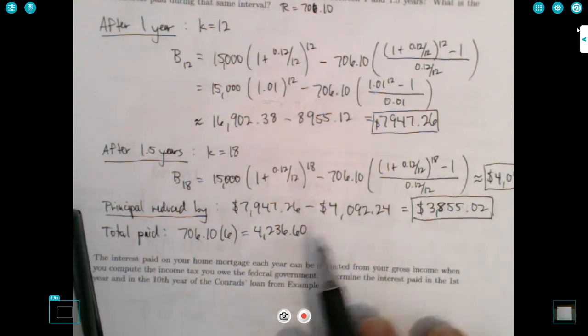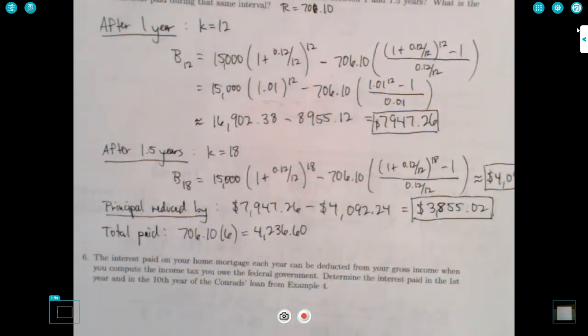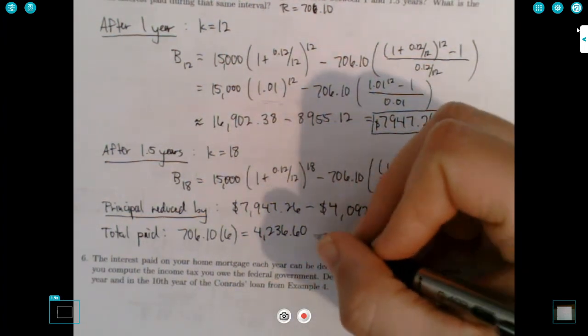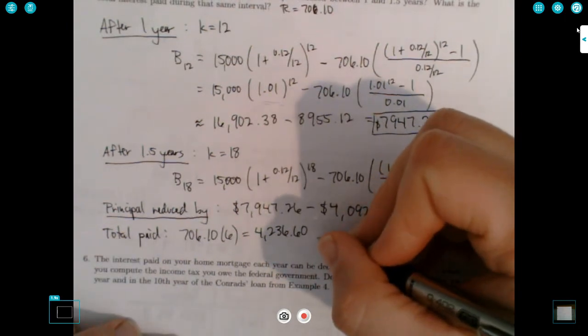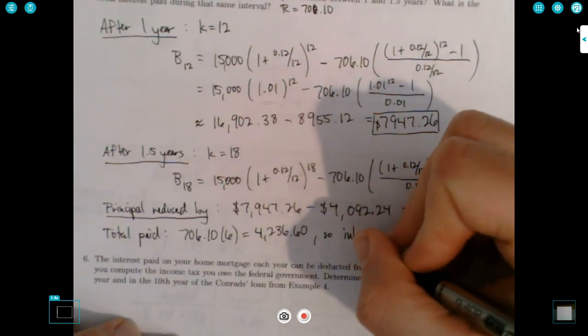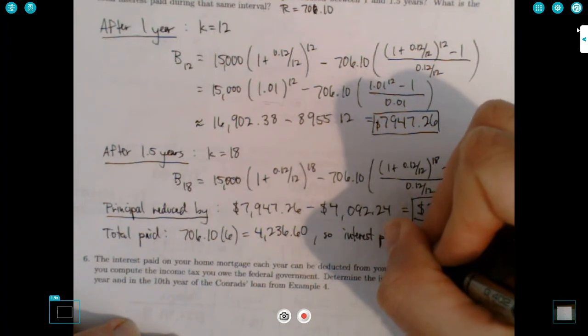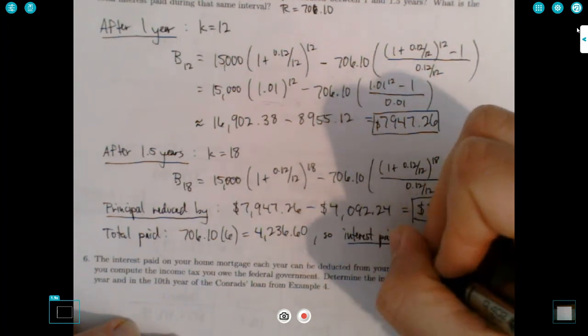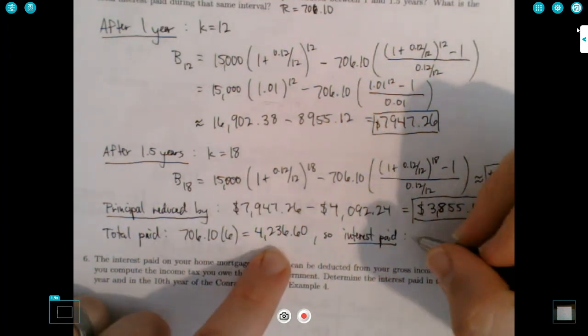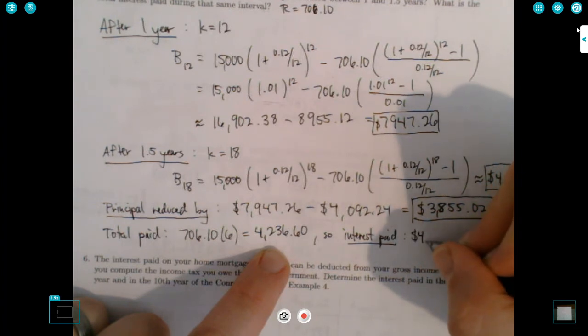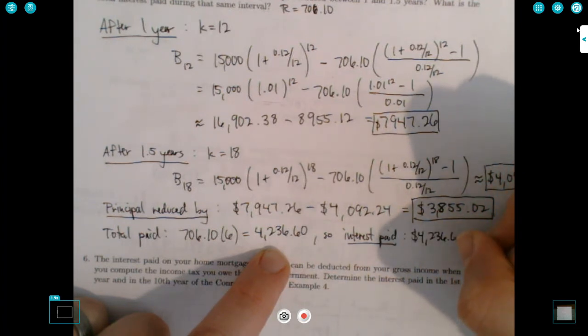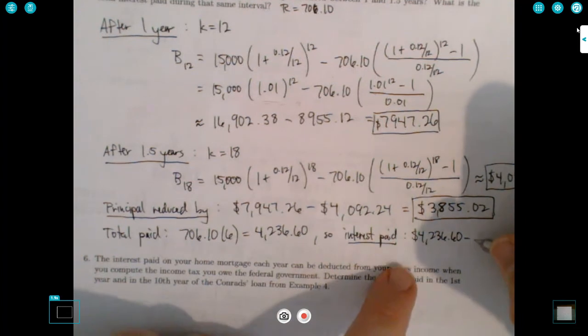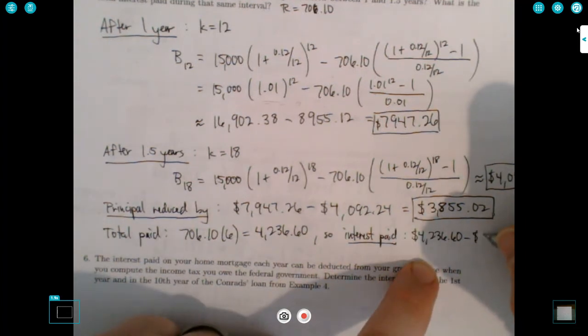So this is the amount of money that she paid, but this is how much her principal was reduced by. That means the difference must be the amount of interest that she paid. So total paid is that. So interest paid would be the total paid minus the amount that went towards the principal.